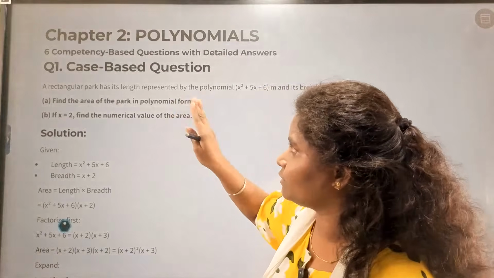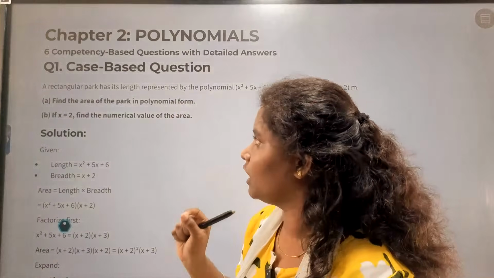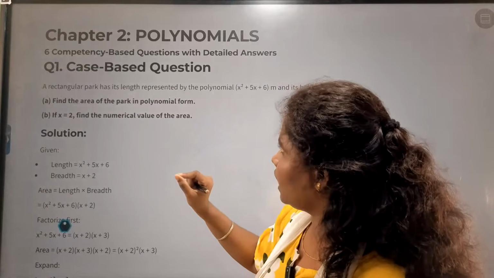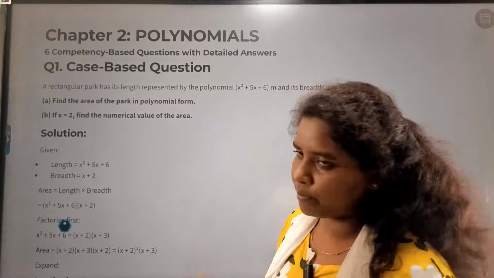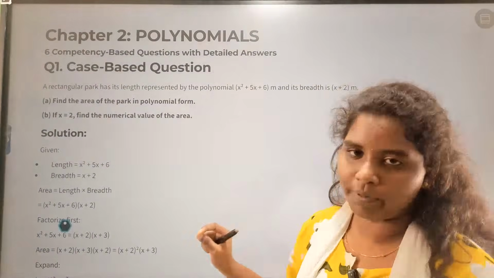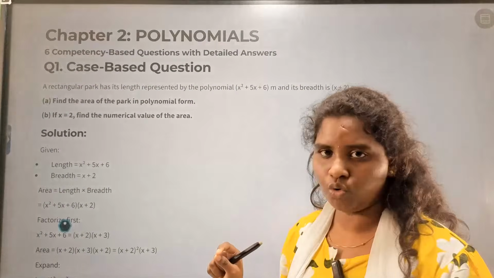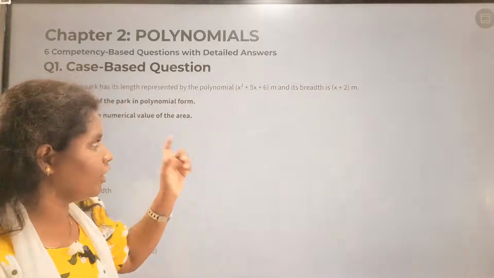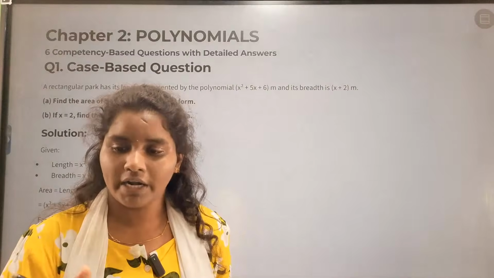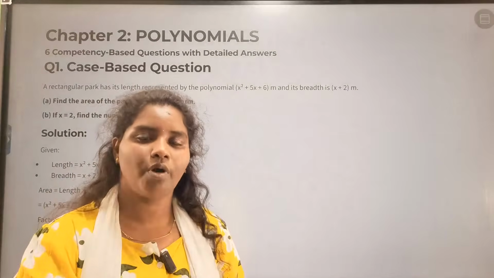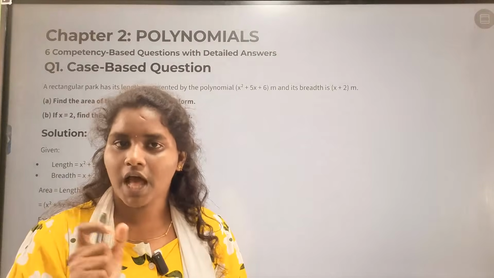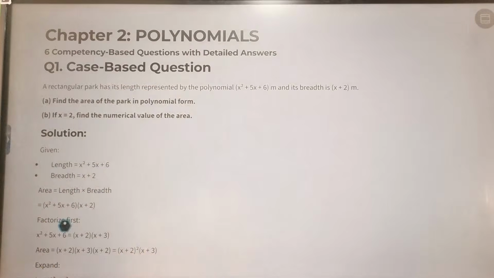So under case based questions, here we have one question. A rectangular park has its length represented by a polynomial. The polynomial is given as x square plus 5x plus 6. A polynomial like this is a quadratic equation, and quadratic means the highest power should be 2, right?